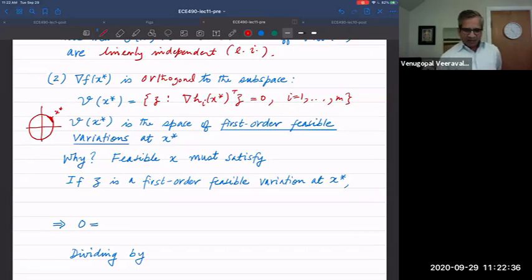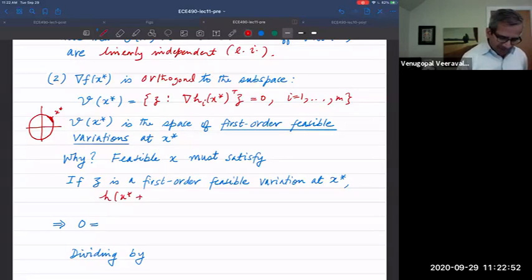That's actually fairly easy to see. This is similar to things we have done before. Let's perturb x star a little bit. We know that h of x star must be 0, but let's look at h of x star plus some alpha times z, where z is an arbitrary direction.